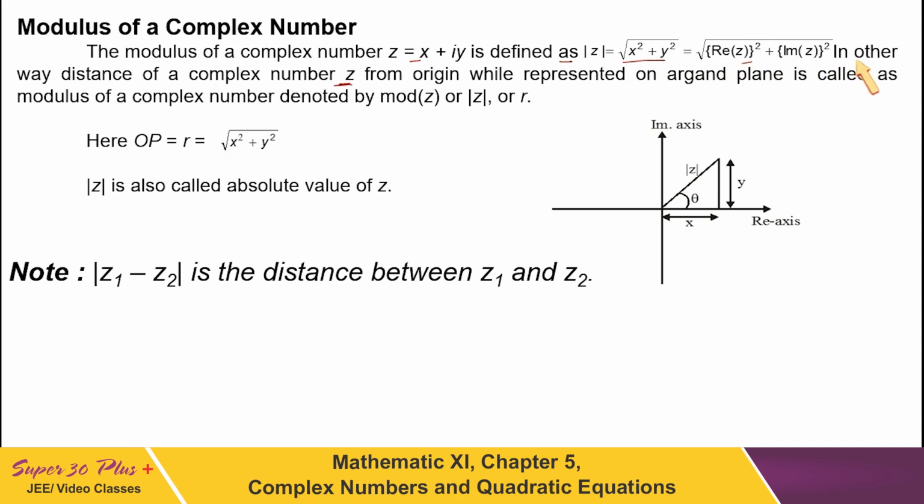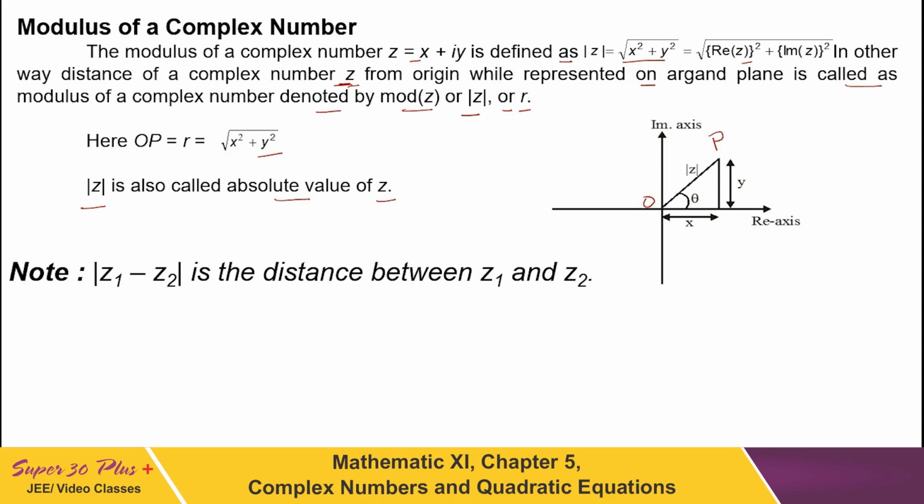In other words, the distance of a complex number z from origin, when represented on the Argand plane, is called the modulus of a complex number, denoted by mod z or small r. Means this OP length, this point is O, this is P, this OP length is equal to r, and it is equal to under root x square plus y square, and it is denoted by mod z, and it is also called the absolute value of z.